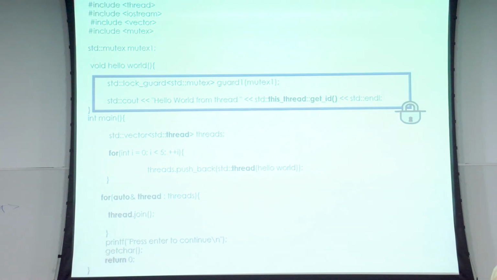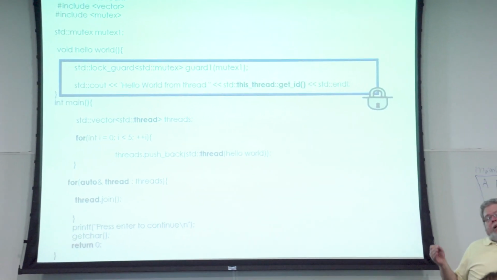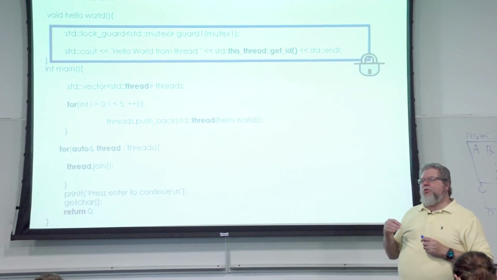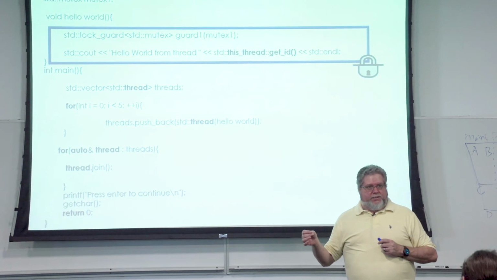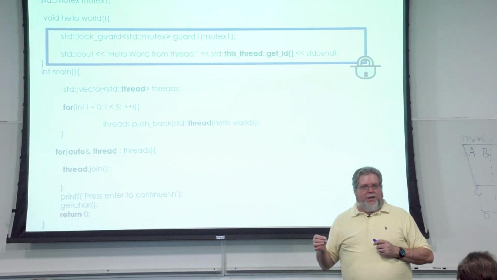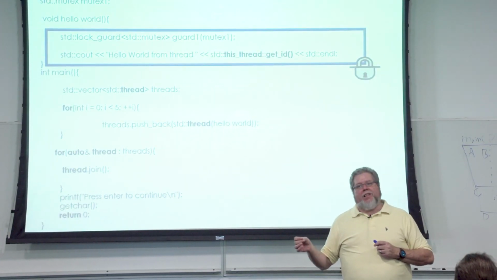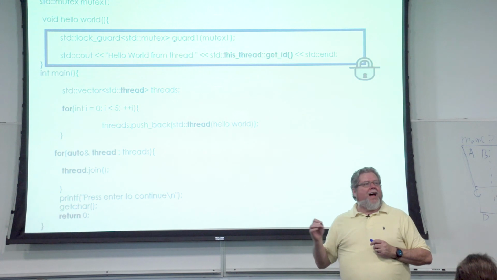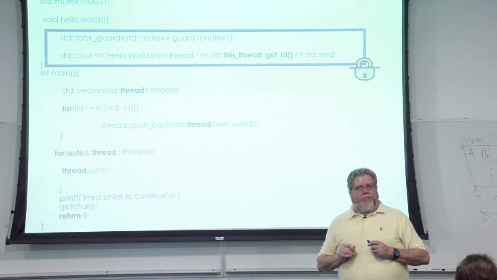Well, when we use lock guard, we don't actually lock and unlock the mutex. We create an instance of the mutex, give it a name, guard1 in this case, and that's what we're locking and unlocking.